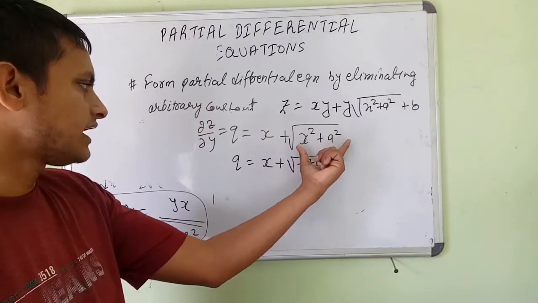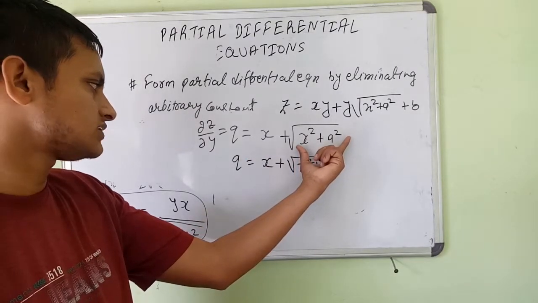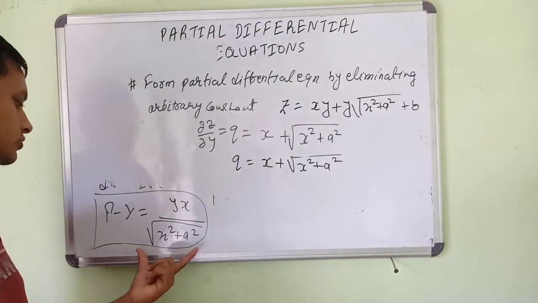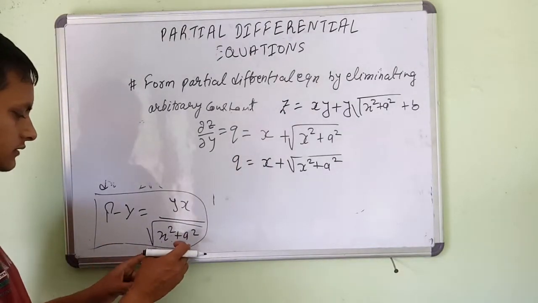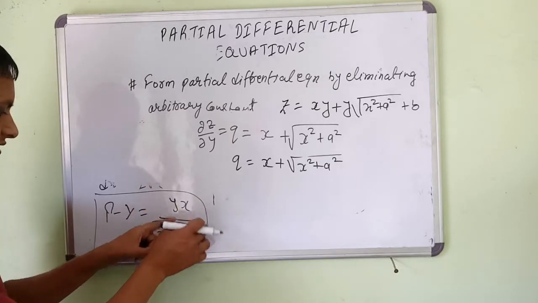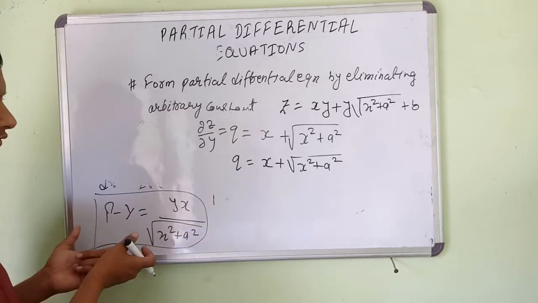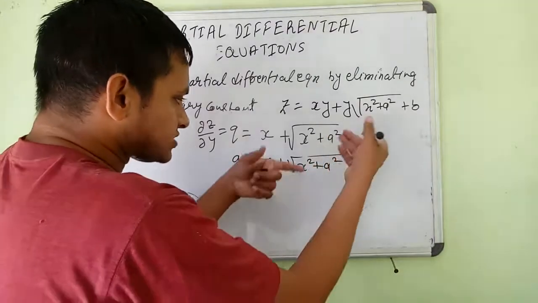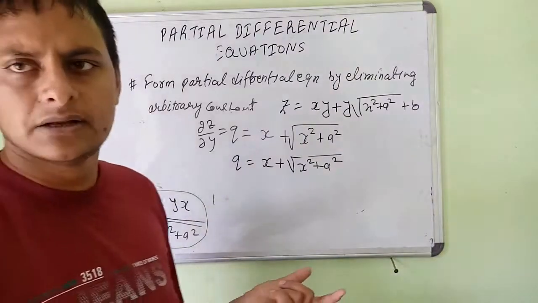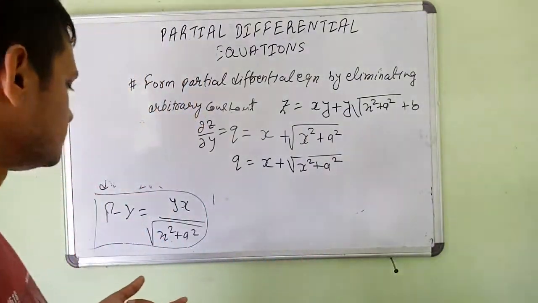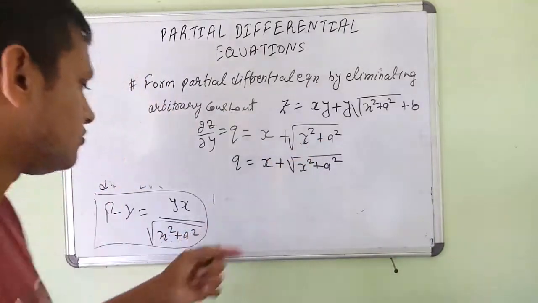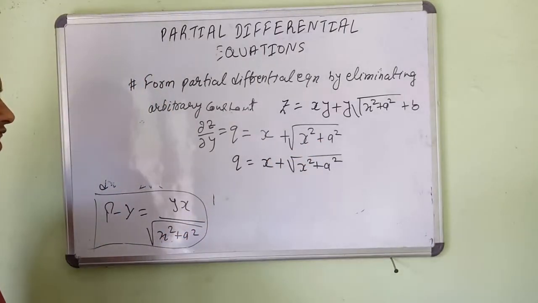Or put the value of x² + a² from this, which is equal to yx divided by p − y, into this equation, and you will get the partial differential equation. So it is your wish how to replace, by this or by this.